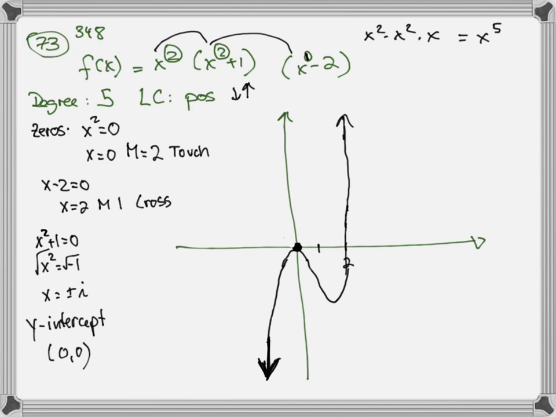Actually, we're going to go on Desmos and see how this looks in the real world. This is a sketch. That's all I'm asking you to do. We can't plot the points of the imaginary zeros. They're somewhere in here. We can't see them. So let's take a look at Desmos and see how this looks.